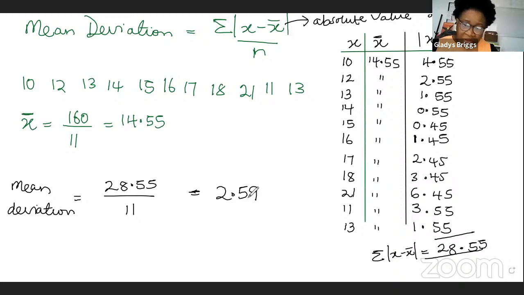Okay, so we've done the mean deviation for ungrouped data. So let's have a look at the mean deviation for grouped data.